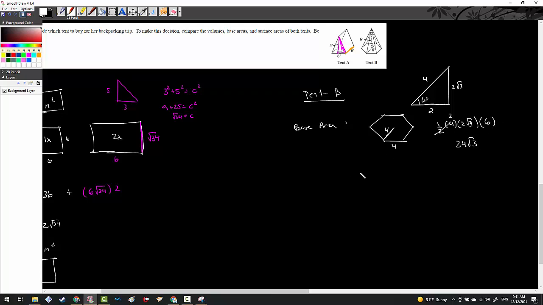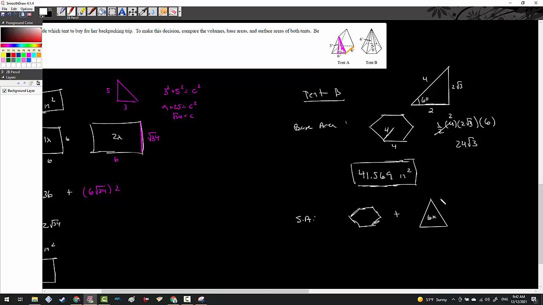So the base area is going to be 41.569 inches squared. So that's our base area of our hexagonal tent. The surface area is going to be, well, I'll go ahead and just do the base area plus 6 of these triangles that extend out.